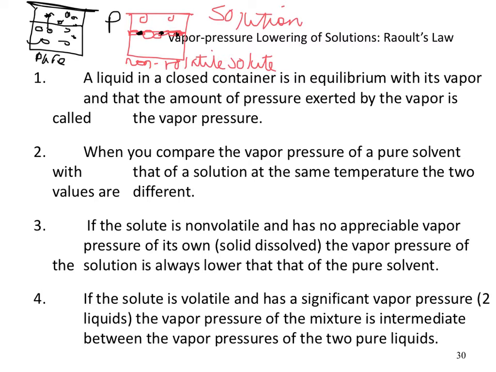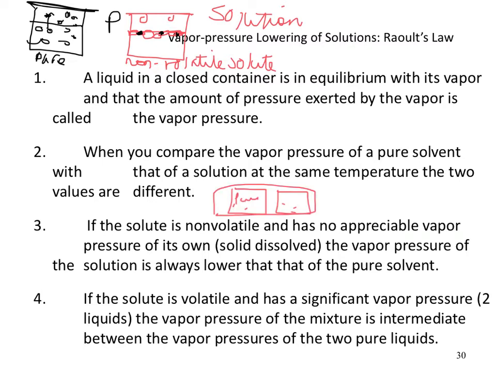Another way to view that is that the rate of vaporization of the solvent is going to diminish as compared to the pure solvent, again because of the presence of this non-volatile solute. So this is going to create some sort of an imbalance in the rates of vaporization and the rates of condensation between the two scenarios.